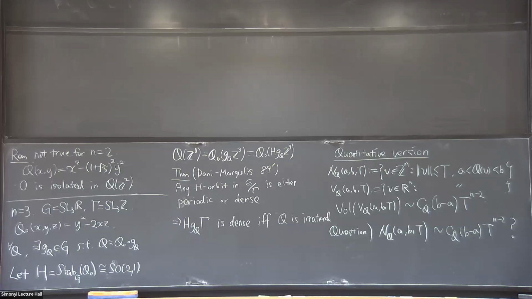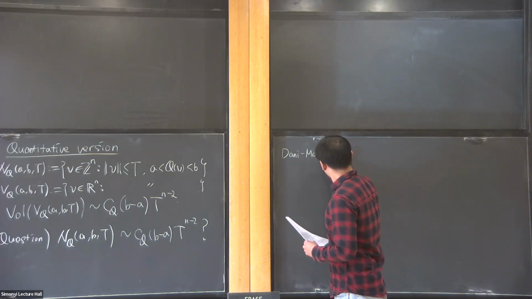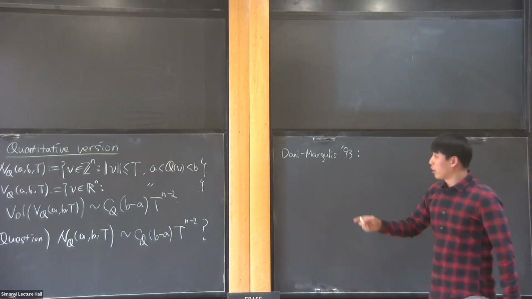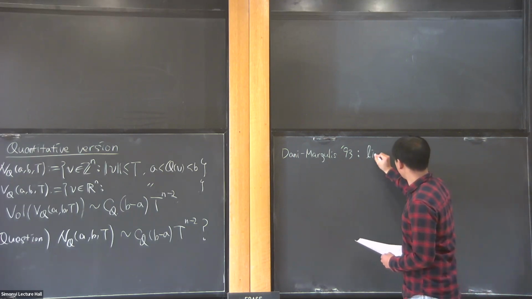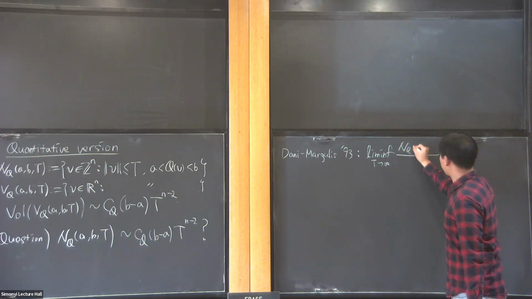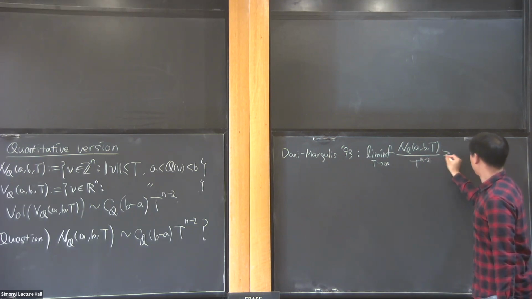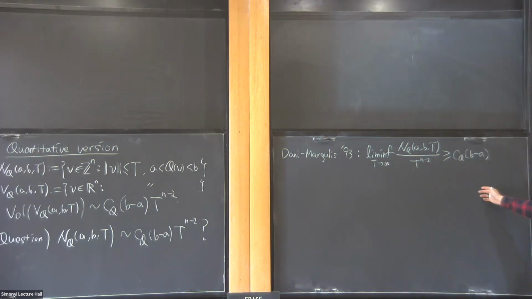And I think the first major development was made by Dani and Margulis in 1993. They established the lower bound of the asymptotic, namely the counting function divided by T to the n-2 is at least the expected number, c_Q times (b minus a).